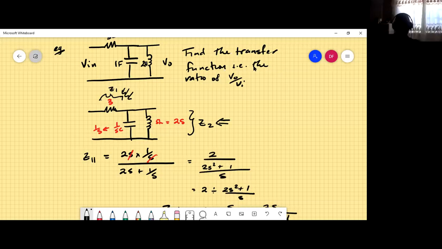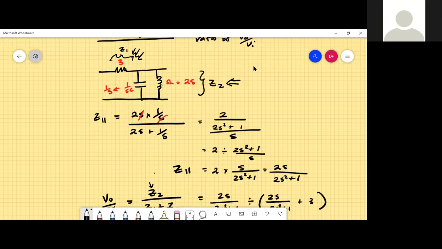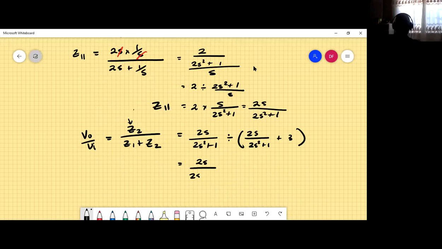So we're saying Z2, which is 2S over 2S squared plus 1, divided by Z1 plus Z2. Over a common denominator, 2S squared plus 1 times 3 is 6S squared plus 3, plus 2S.